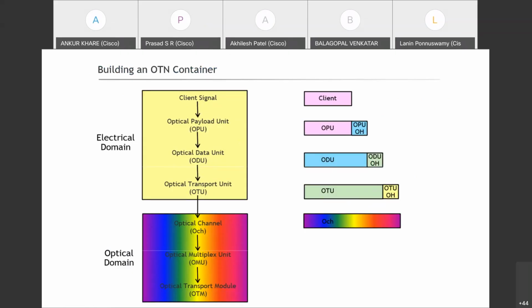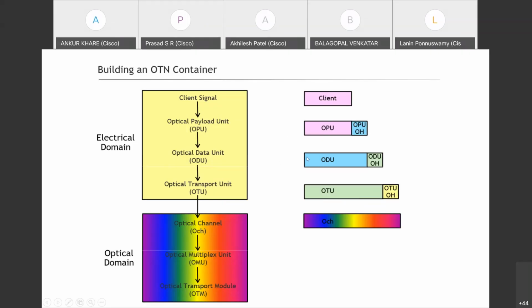One is OPU, then encapsulation is ODU, then further encapsulation is the OTU layer. Once you add into the OPU layer, you will add some overheads, OPU overhead, which will take care of your payload. If any alarm comes towards the client signal, it will tell you. And what kind of overhead you are carrying also, the OPU overhead will tell.